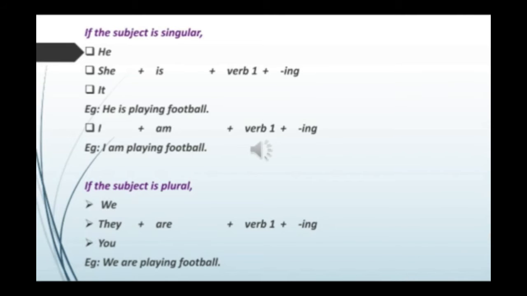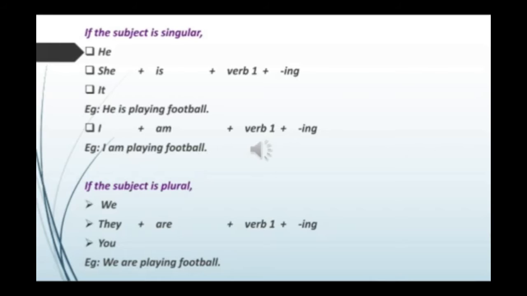When I add ing to the first form of the verb play, it becomes playing. So he is playing football. In the case of I, we are not adding is, instead we are adding am. So I am playing football.